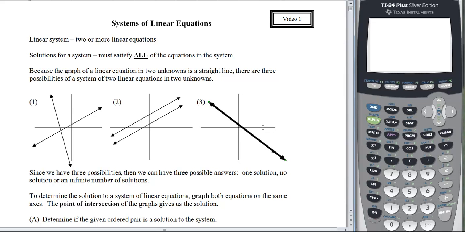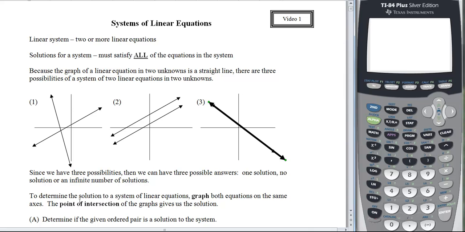If the one line is the very same equation as the other one, they hit everywhere. So the solution set to this would be an infinite number of solutions because all the points are shared by both lines. So since we have three possibilities, we can have three possible answers: one solution, like number 1; no solution because they're parallel lines, like number 2; or an infinite number of solutions, like number 3, because they're the same line.